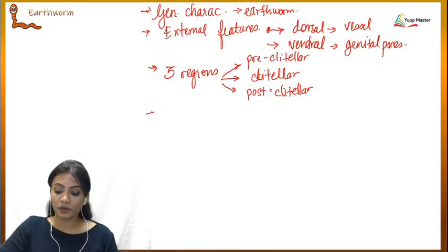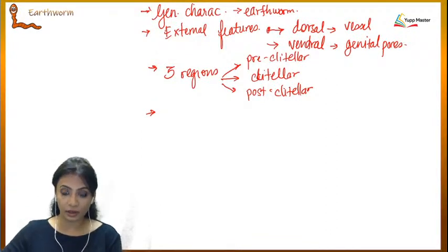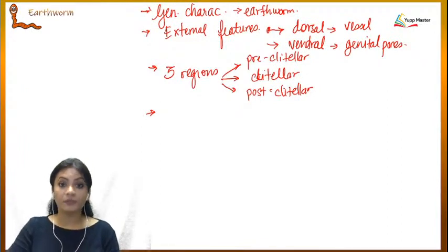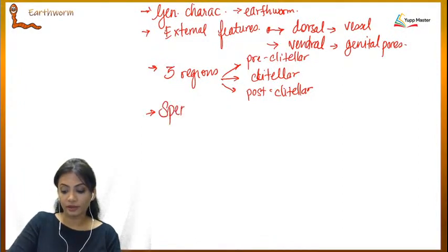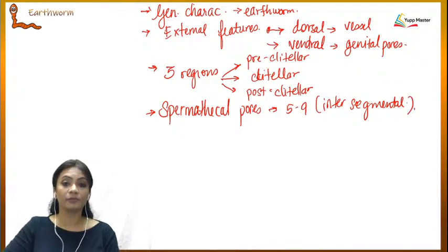Then we also saw that different apertures were present. Okay, remember, there were apertures like the spermathecal pores. Spermathecal pores from segment number 5 till 9th. They were present in the intersegmental. Okay, intersegmental they were present.